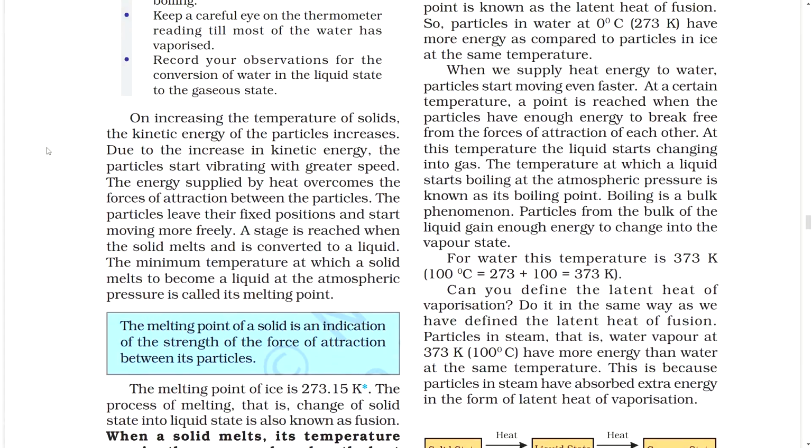On increasing the temperature of solids, the kinetic energy of the particles increases. Due to the increase in kinetic energy, the particles start vibrating with greater speed.